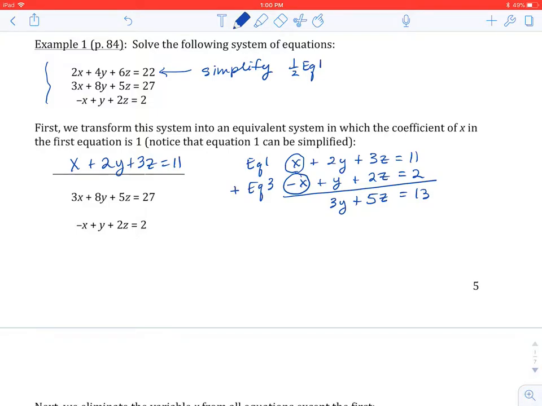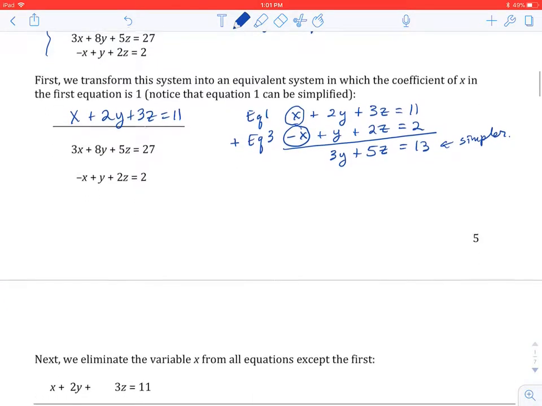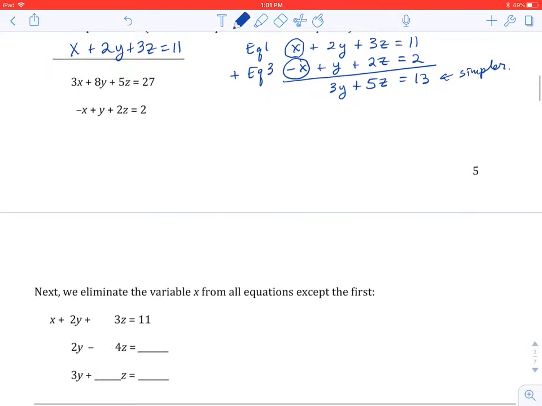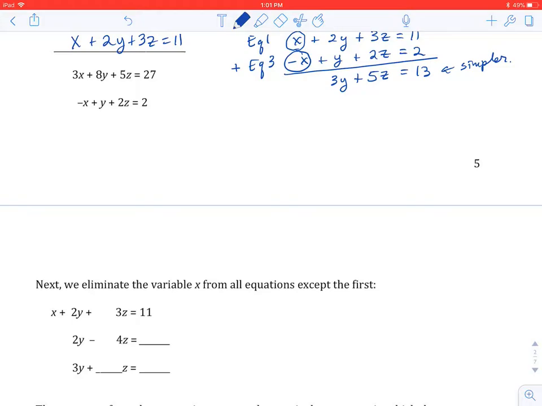So I added those two equations together and got a simpler equation, simpler than any of those three. We're going to replace equation 3 with this new equation. At the top of the next page, you can see we've got 3y plus 5z equals 13.